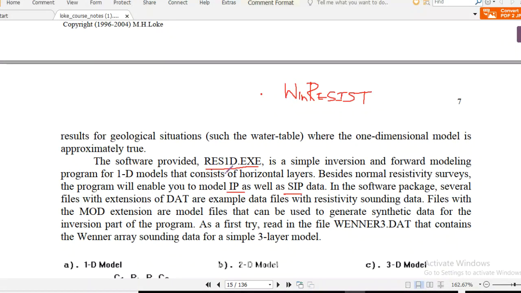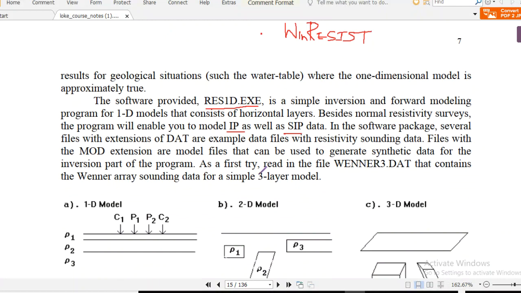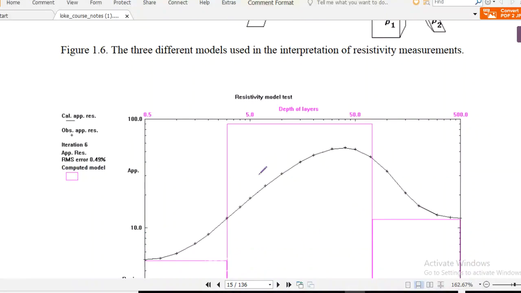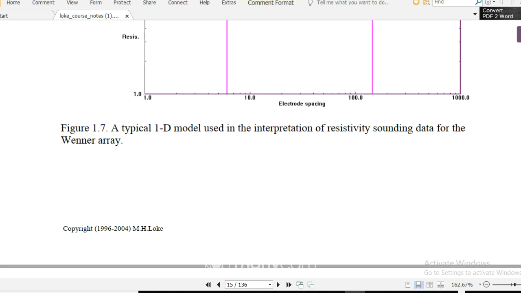If you want this RES1D, you can write in the comments and I'll show you. This is RES1D, resistivity one-dimensional software. This software is used for one-dimensional models for inverse and forward modeling.